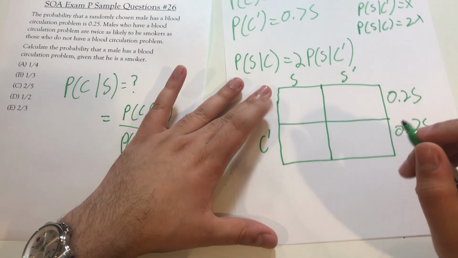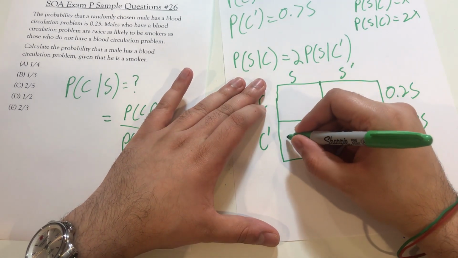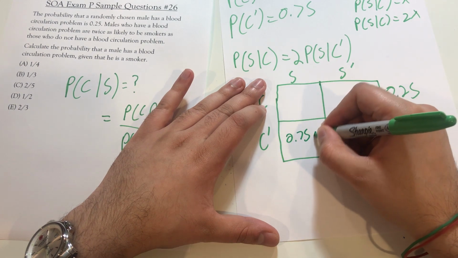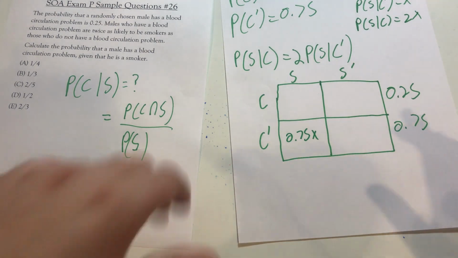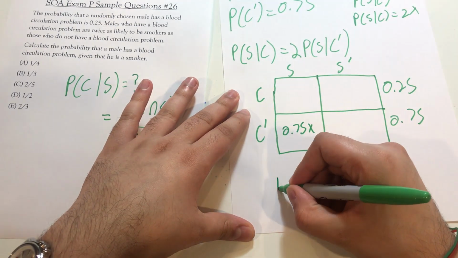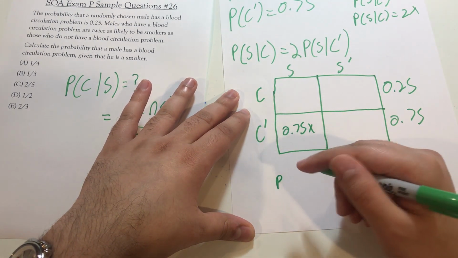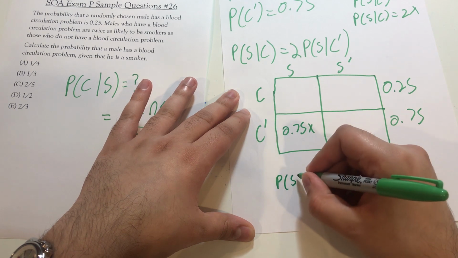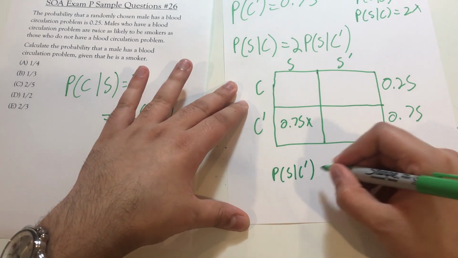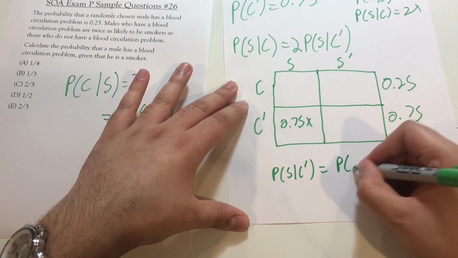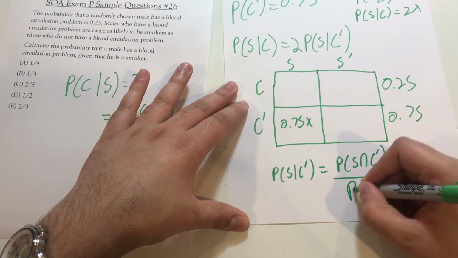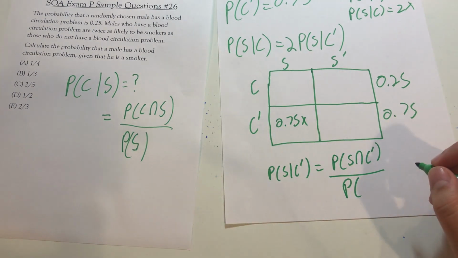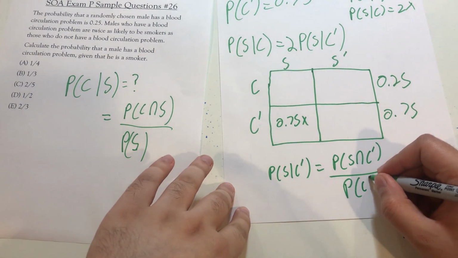So that should be 0.75 X. And that makes sense because if we take a look, the probability of being a smoker given that you don't have a circulation problem is equal to the probability of smoker and no circulation problem over the probability that you don't have a circulation problem.